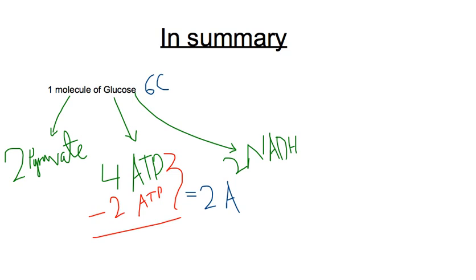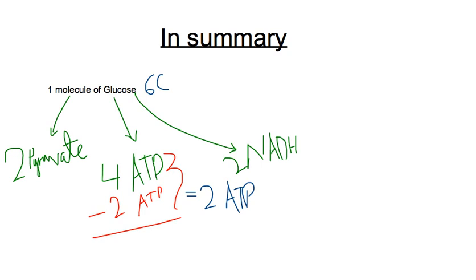Okay, that's the entire process of glycolysis. We have one molecule of glucose that is converted to 2 pyruvate, which is involved later in the process in the TCA cycle, and we make 2 net ATP and 2 NADH, which we can use in the electron transport chain to make more ATPs.